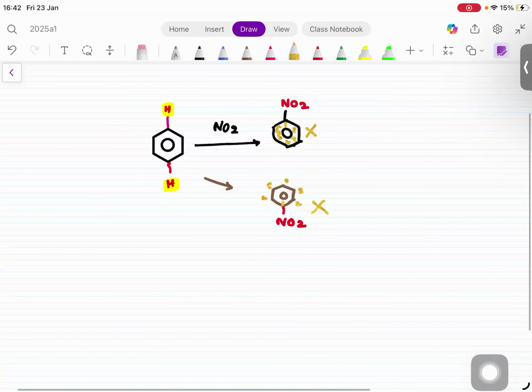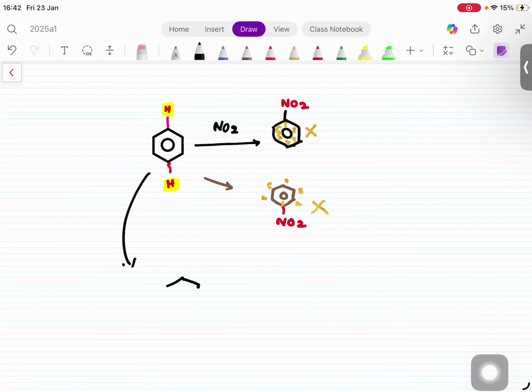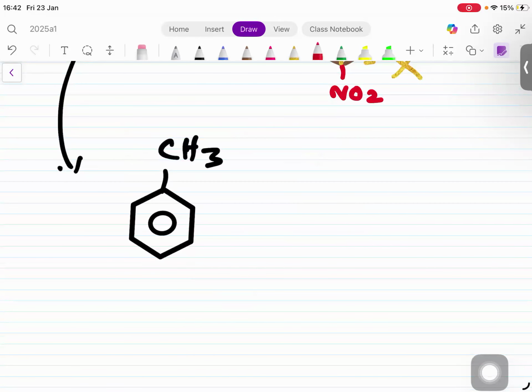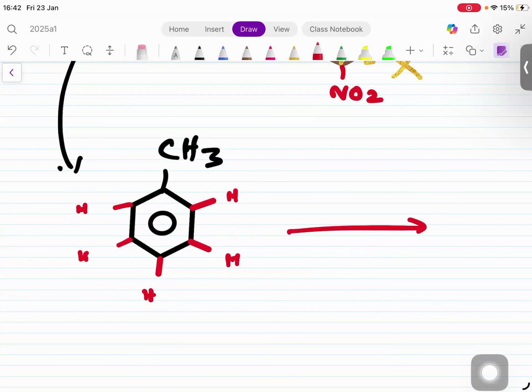But on the other hand, when you have one replacement, for example, on the benzene ring we have CH3 replacing the hydrogen. Now how many hydrogens are left? 1, 2, 3, 4, 5. Now if we replace with nitro, for example NO2, now it's not the benzene ring's choice.